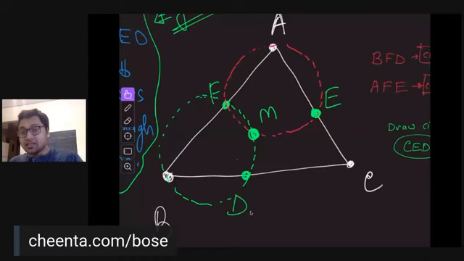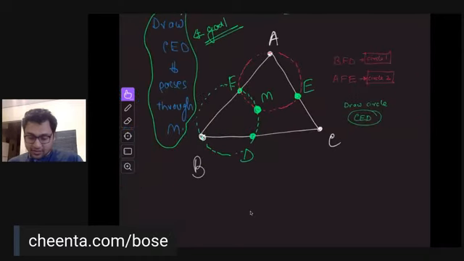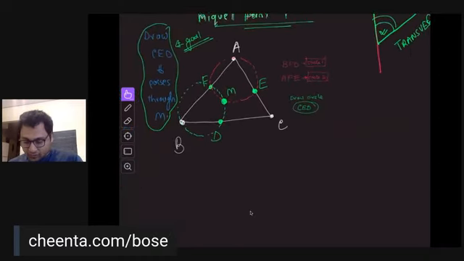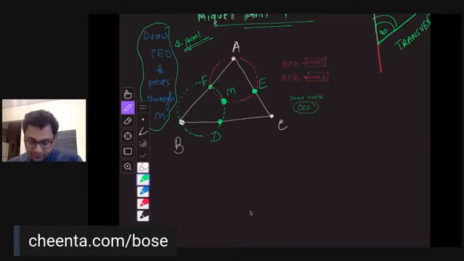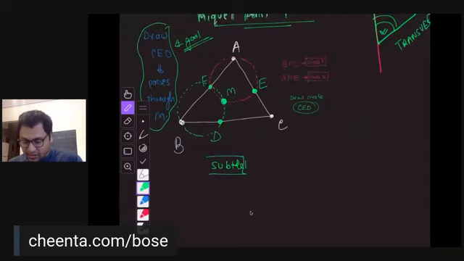Now there is a subtlety in this problem. The subtle idea is that if you have 4 points in the plane, there is no guarantee that a circle will pass through all 4 of them.